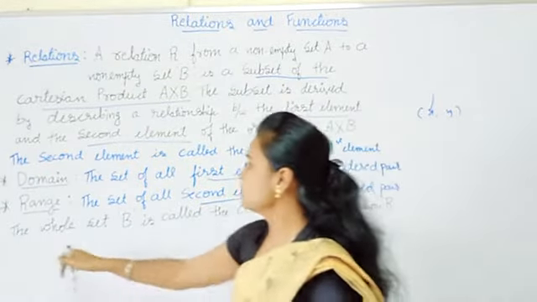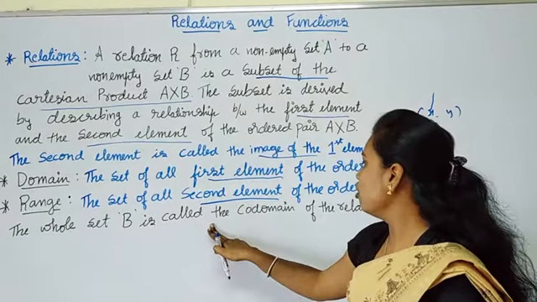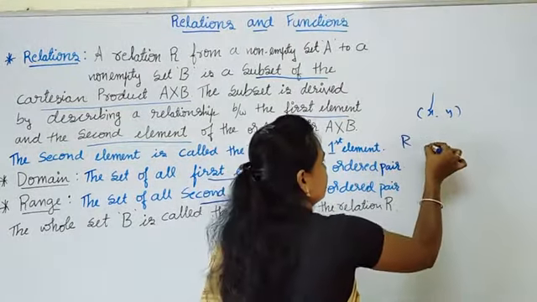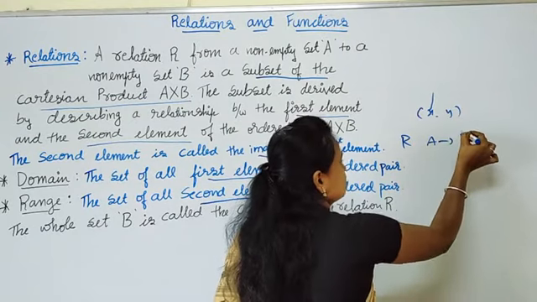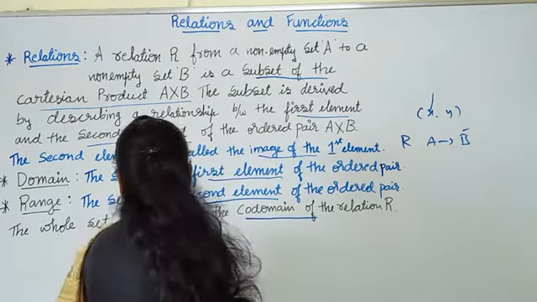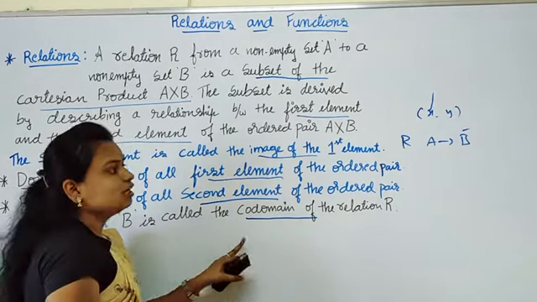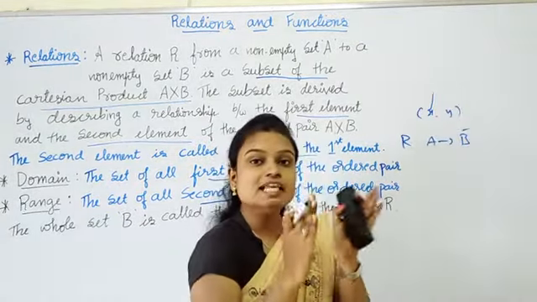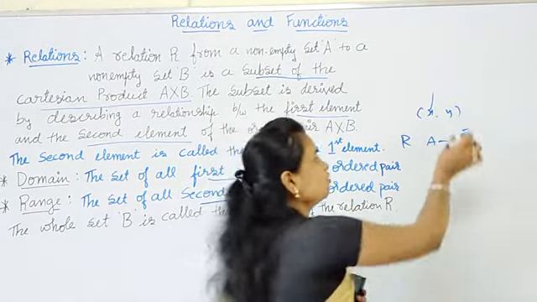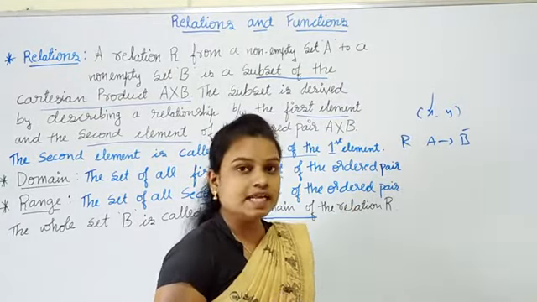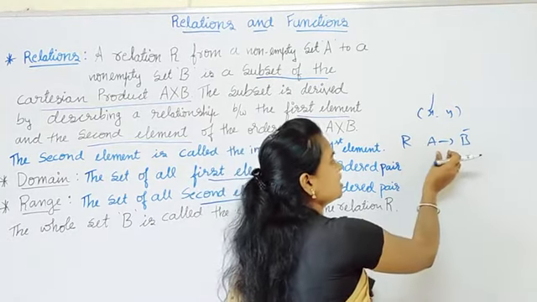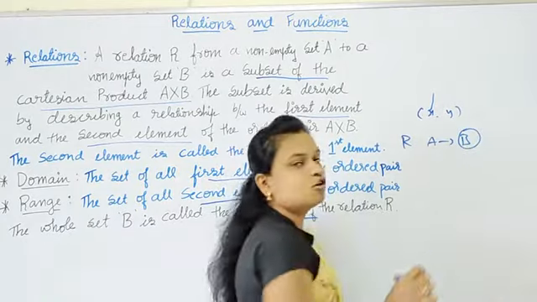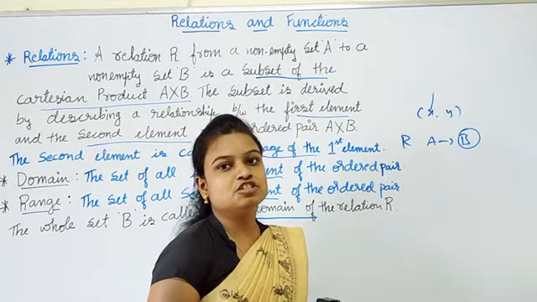The next is the codomain: if R is a relation from A to B, the whole set B is called the codomain of the relation R.